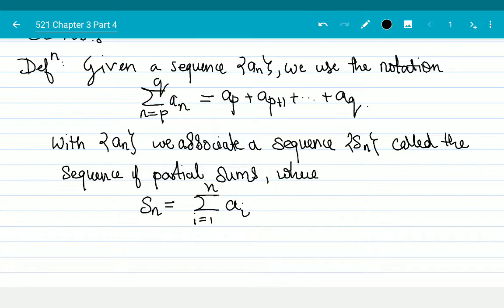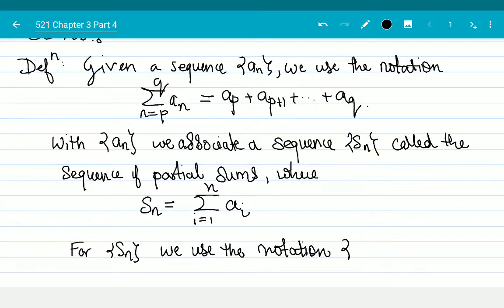Another notation for Sn, we use the notation summation i is equal to 1 to infinity ai, or n is equal to 1 to infinity ai.